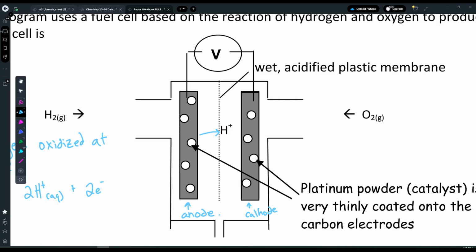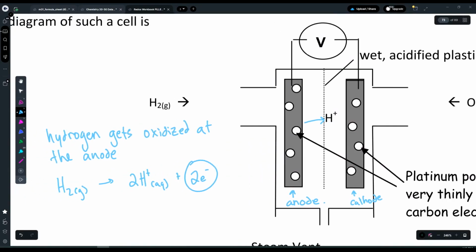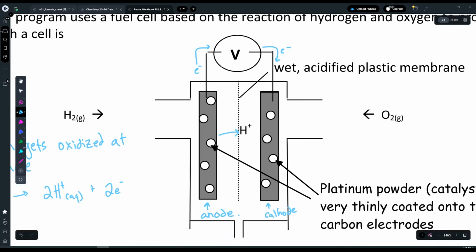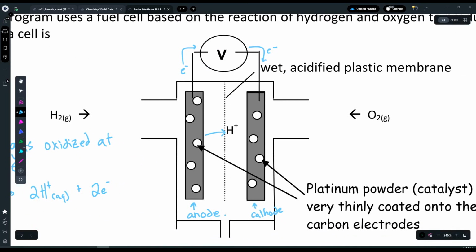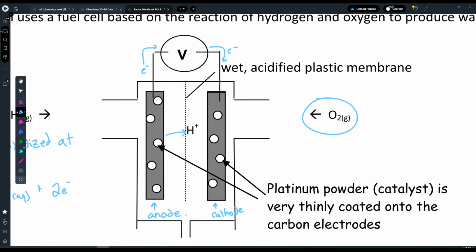While the hydrogen ions are moving across this membrane to get to the cathode, the electrons produced by this oxidation reaction are going to move through this wire to produce a current.